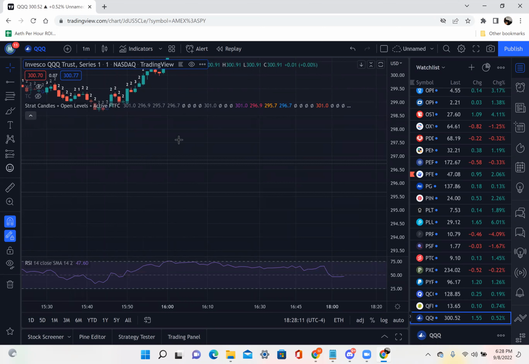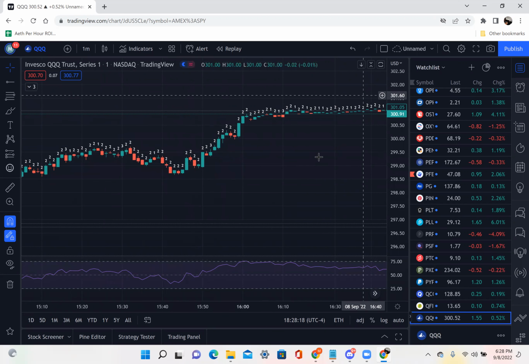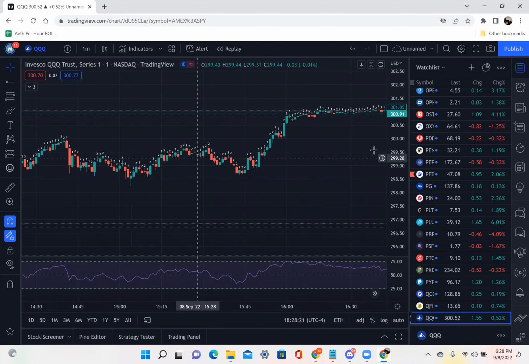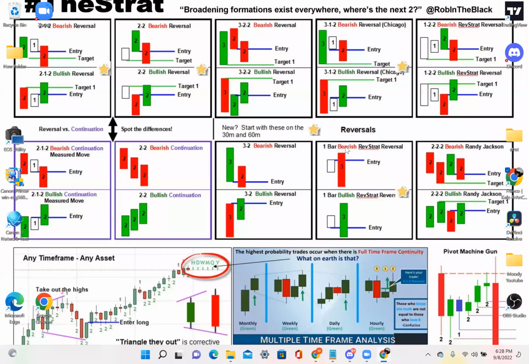I turn it on, and all it's doing is letting me know we went 2 up, 2 up, 2 down. That's all it's doing. So what I do with this is the cheat sheet. That's how I rob the market every single day. That's how I am a high probability trader. That's why I don't lose that much. But I lose. But when I win, I win.